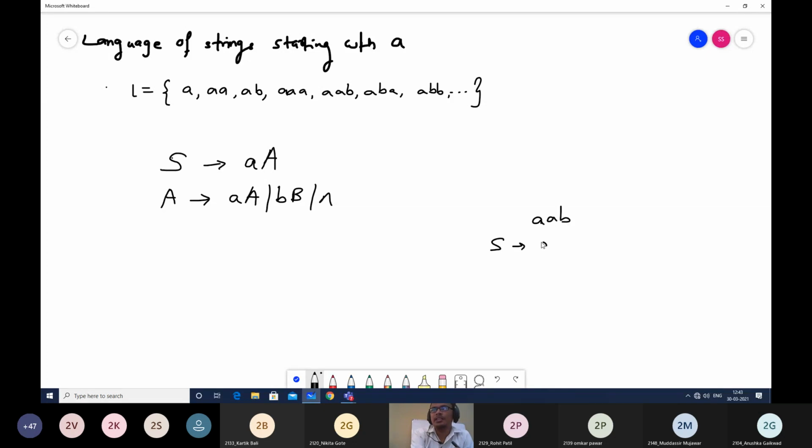How will I do it? It is A, then this A gives again AA, and this A gives again AA. Wait, there's a small mistake here. This is not B, this has to be A. The non-terminal should be the same.